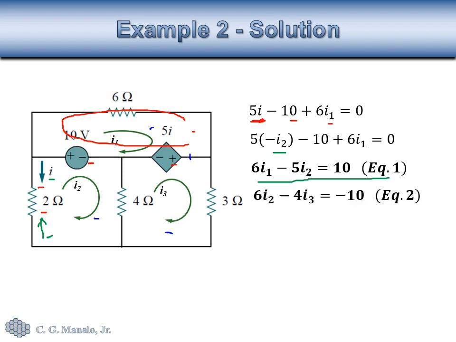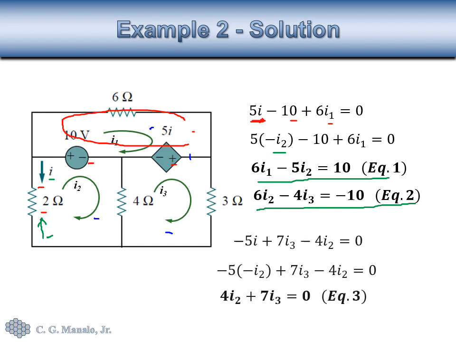For loop number 2, that would be positive 10 plus 4 plus 2, that's 6 I sub 2, minus 4 I sub 3. So that will give us this equation.